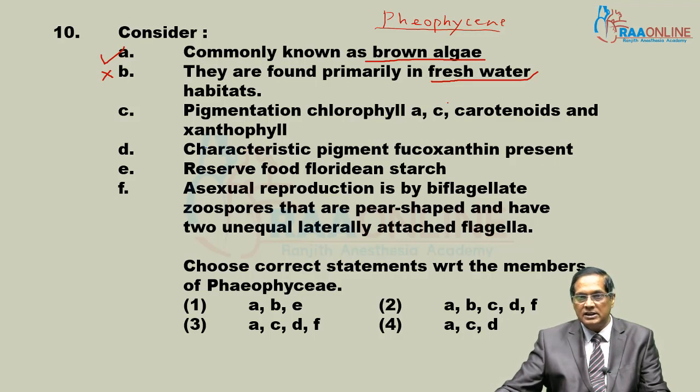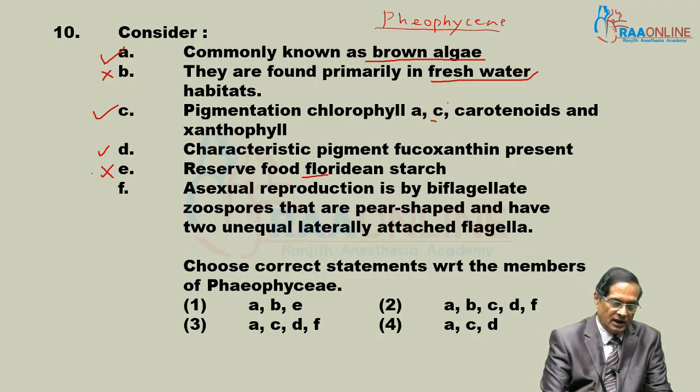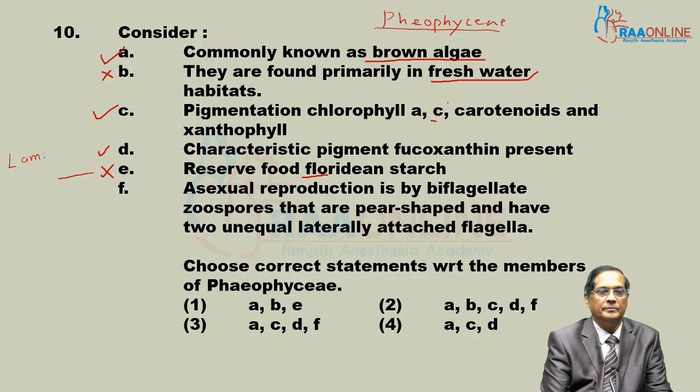Pigmentation: chlorophyll A, C, carotenoid, xanthophyll, right. They have chlorophyll C, right. Characteristic pigment fucoxanthin, it is also right. Reserve food Floridian starch, this is wrong. In brown algae, reserve food material is laminarin.